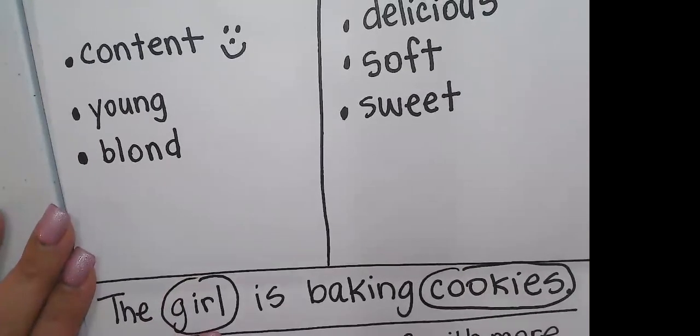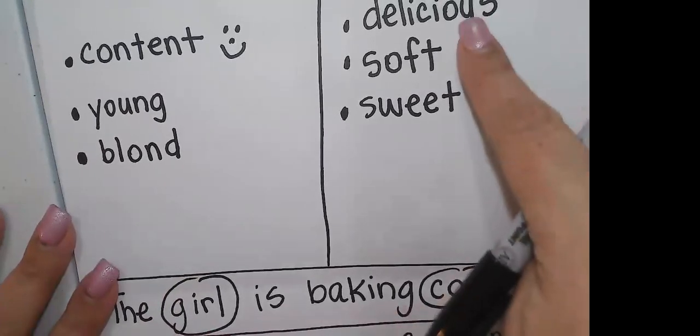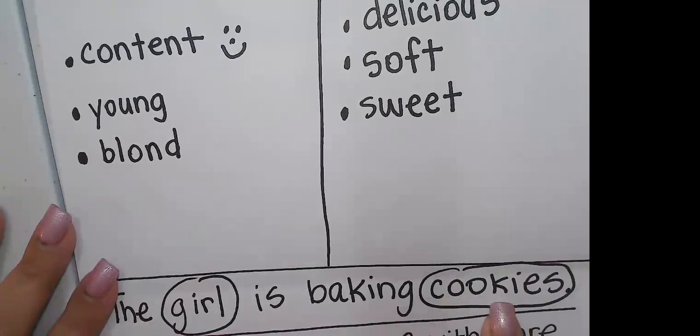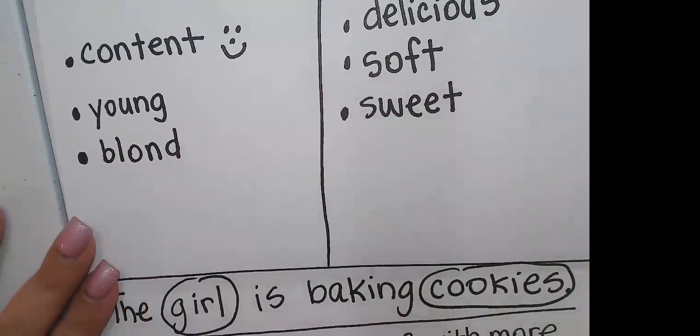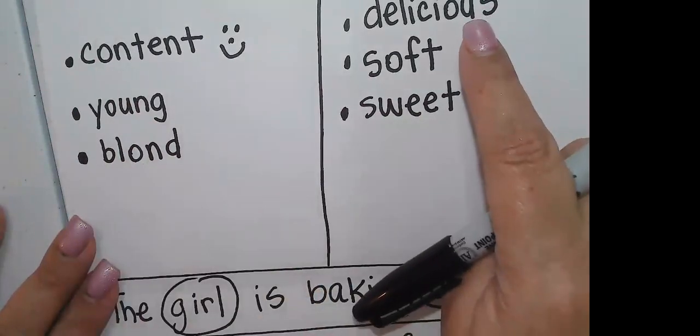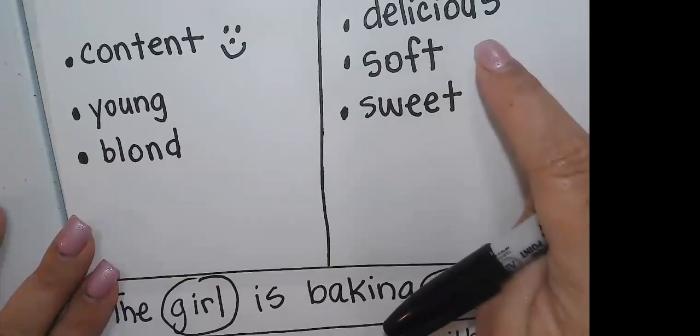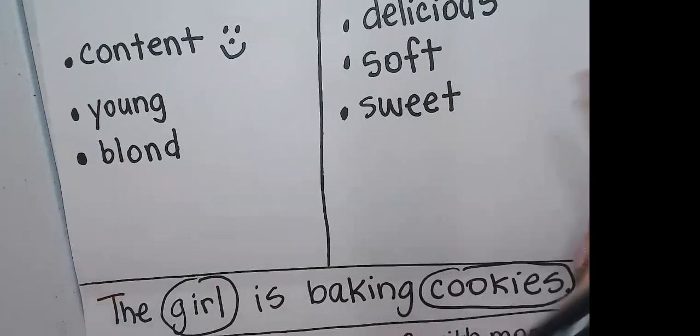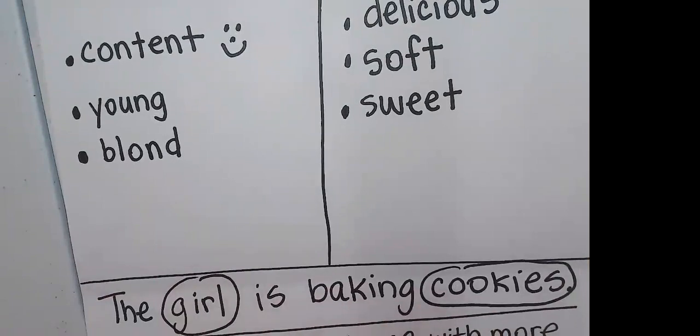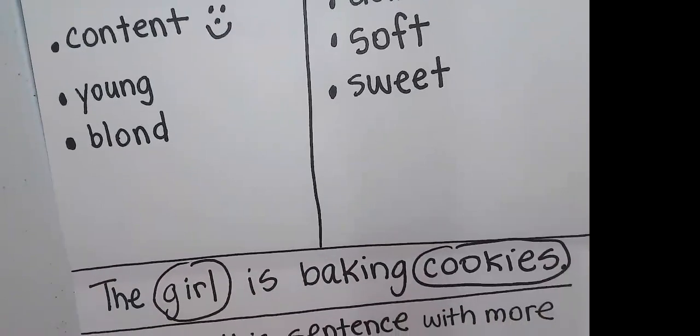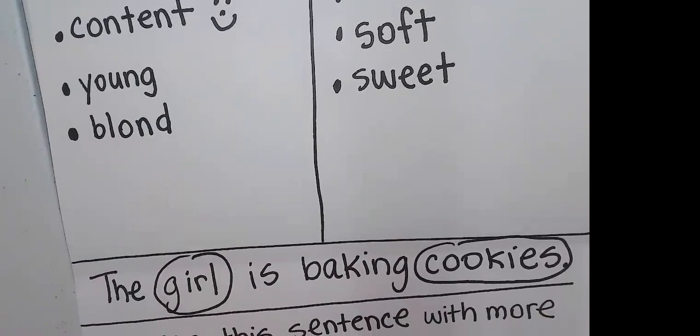The young girl is baking delicious cookies. It doesn't have to be on the list. What if the young girl is baking delicious peanut butter cookies, or the young girl is baking peanut butter cookies and chocolate chip cookies.